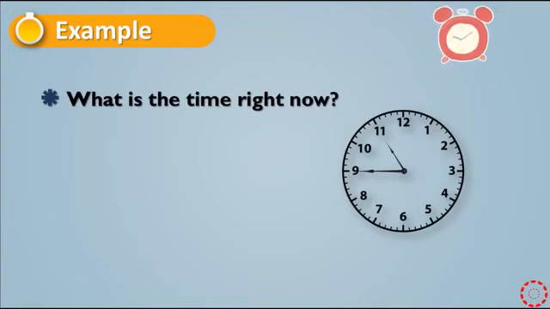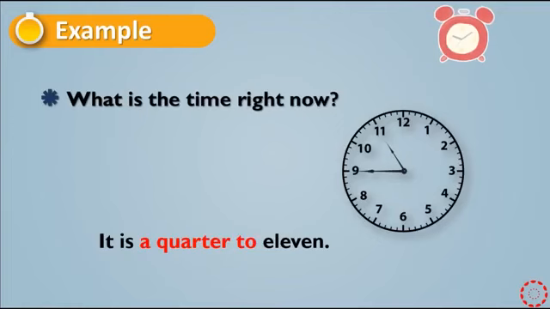And also it is on the left side, so we have to use to. And the short one is on the number 11, so it's a quarter to 11. A quarter to 11, because it's on the left side.